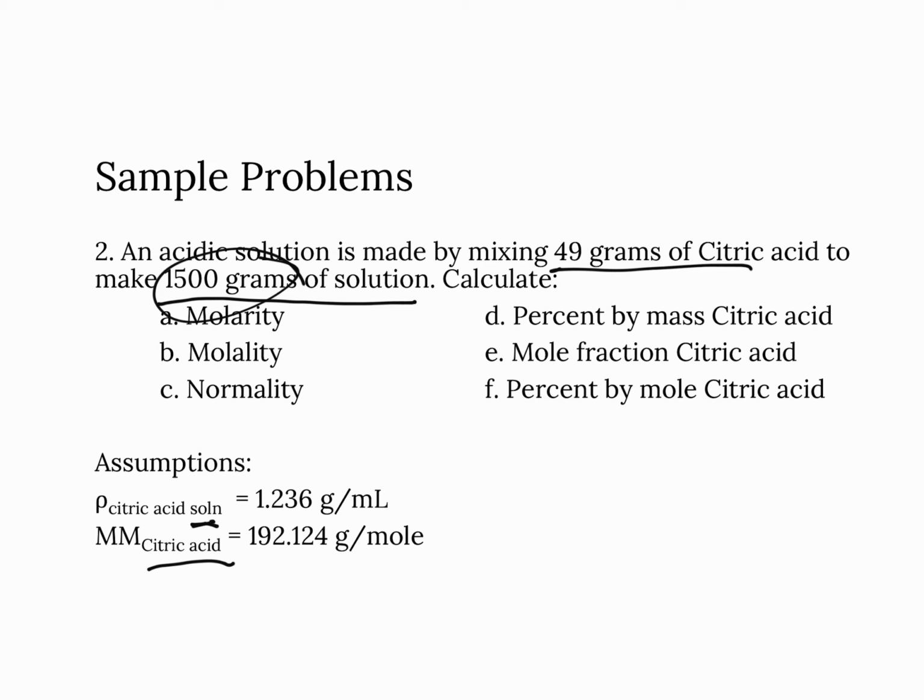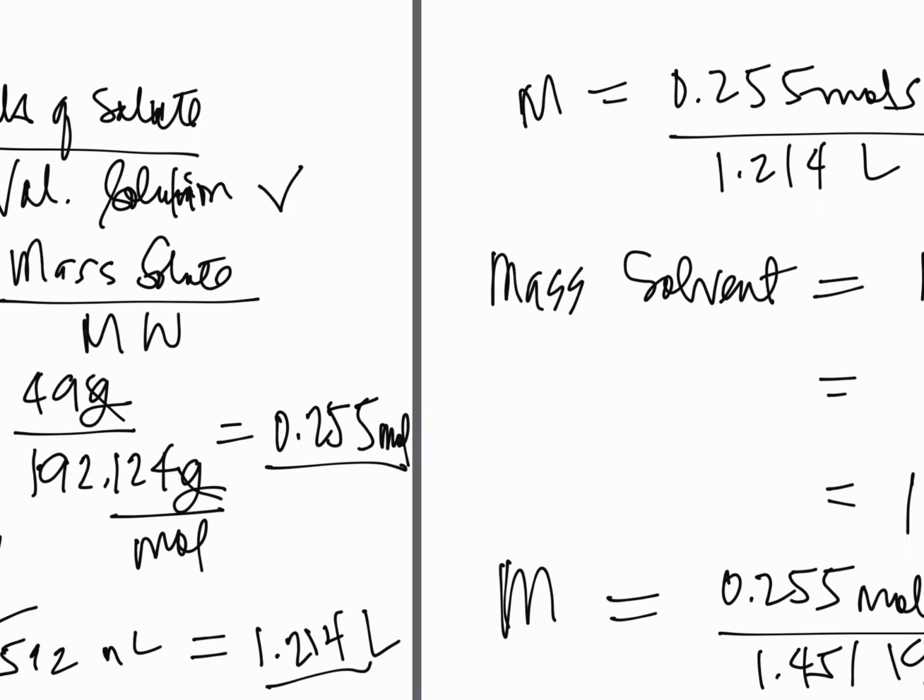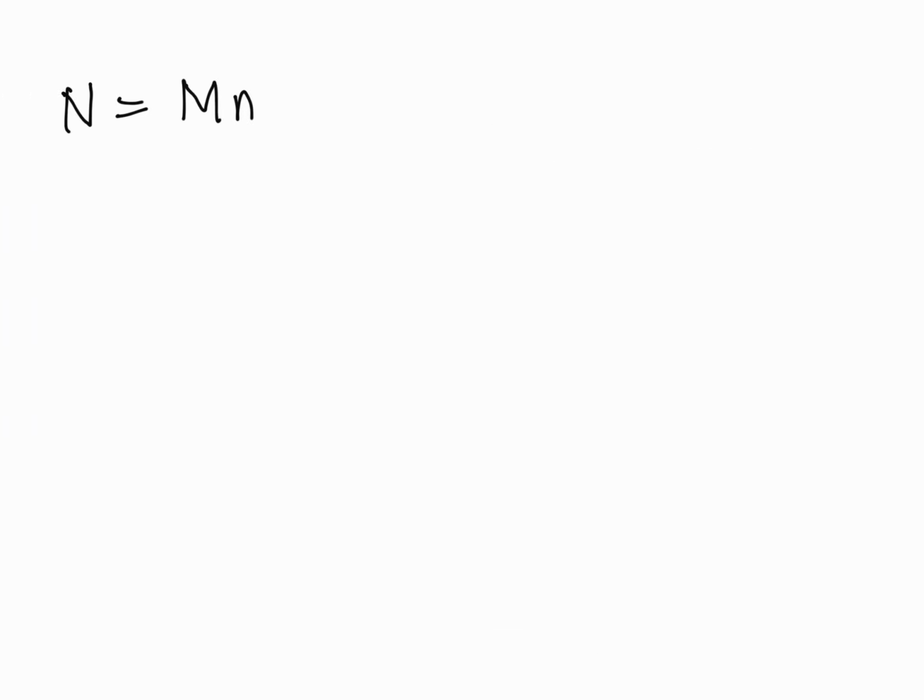However, it doesn't show here the number of equivalents of the citric acid, so let's try to check it. I really have to check how many hydrogens are the equivalent for citric acid. According to my search, that will be 3. So the n here is 3.